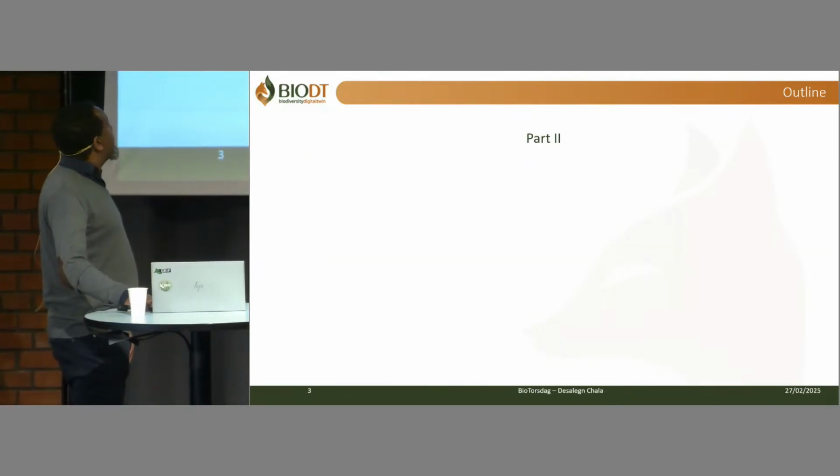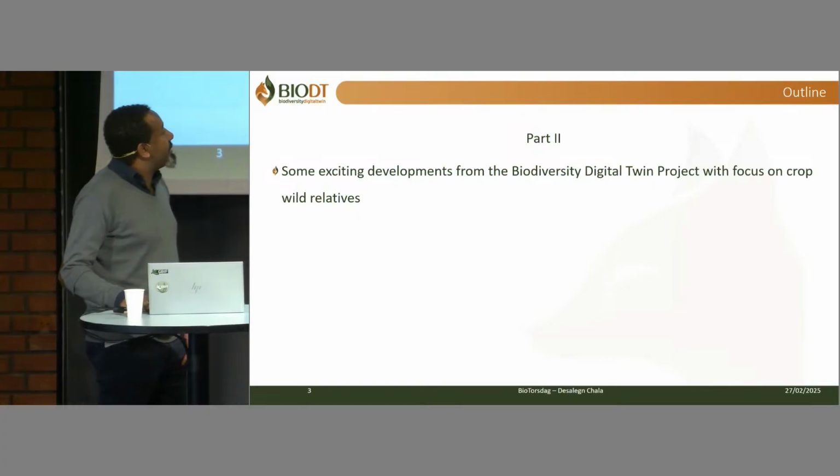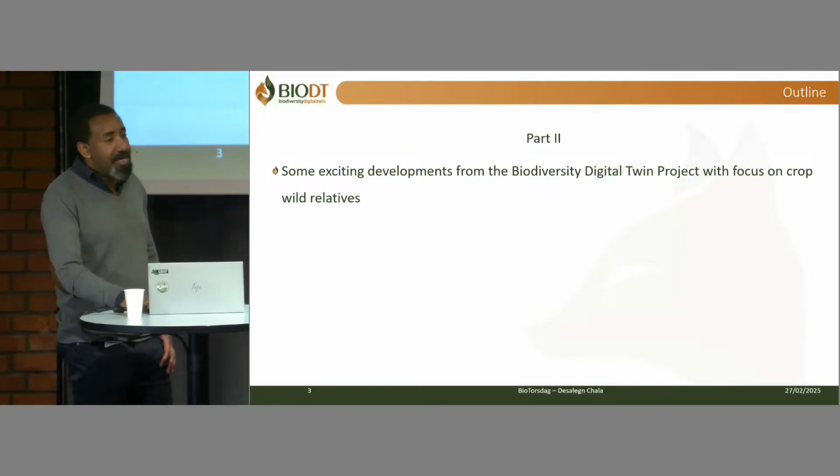In the second part, I will talk about some exciting developments from the Biodiversity Digital Twin project with focus on crop wild relatives. What is the Biodiversity Digital Twin project and what are crop wild relatives?